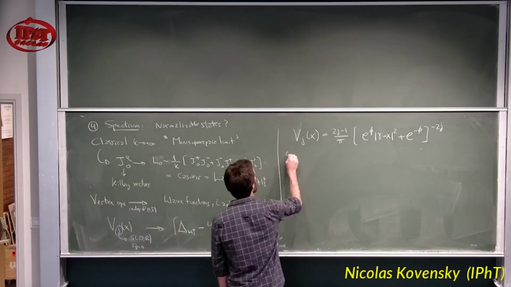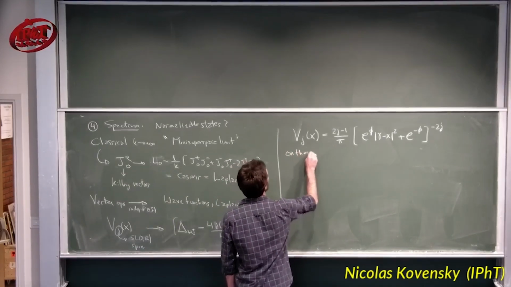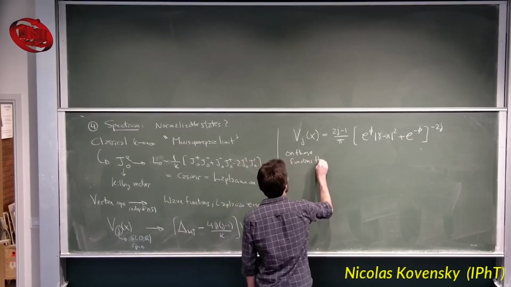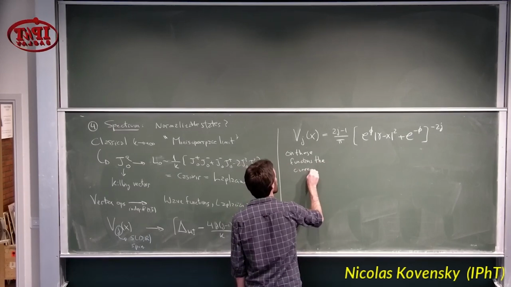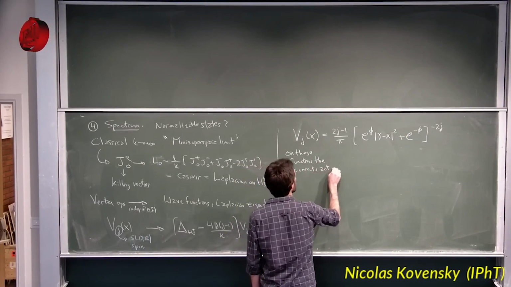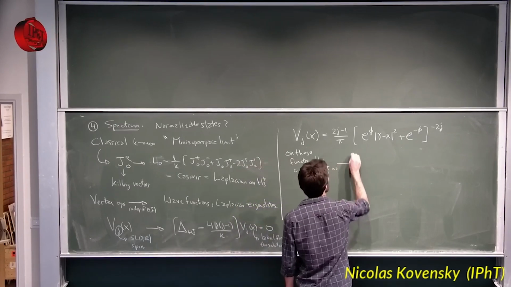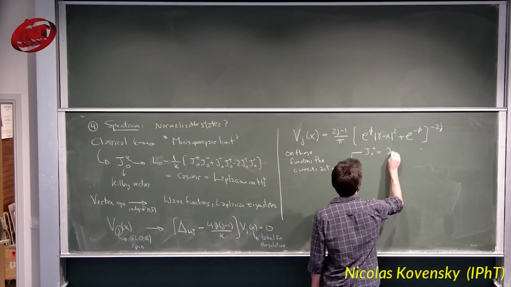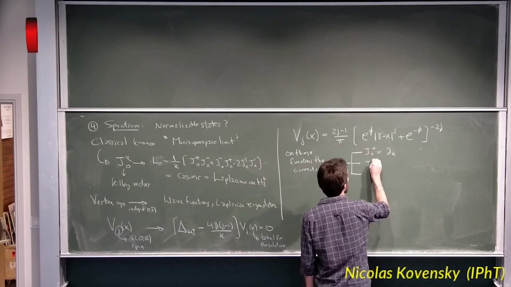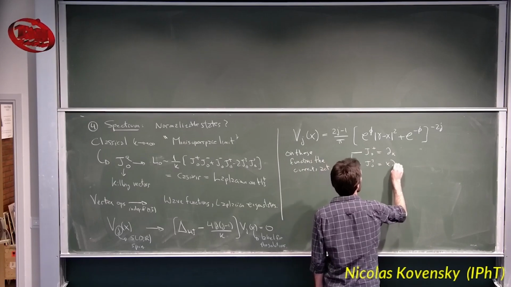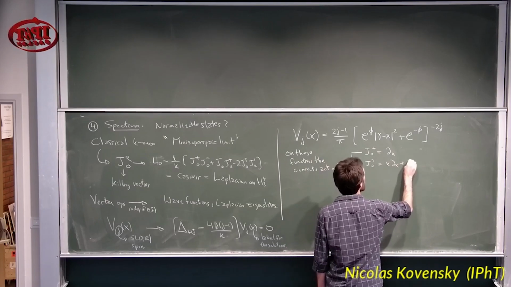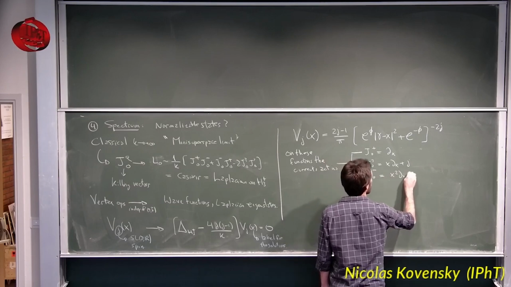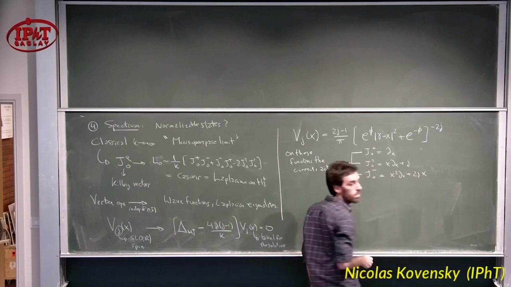And you see that on these functions the current acts as follows. J plus 0 acts as dx, J 3 0 acts as x dx plus k, and J minus 0 acts as x squared dx plus 2j x.